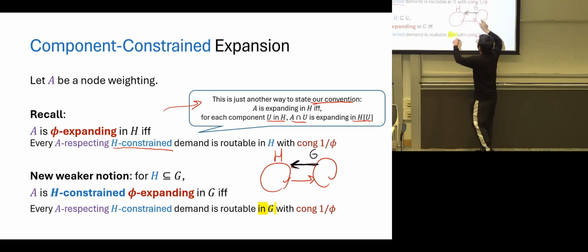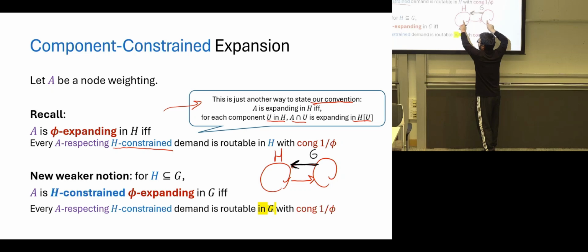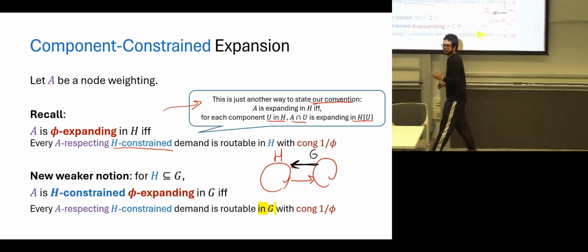But I only try to route demand between the same component of H. I never try to route between pairs of nodes on different components of H.